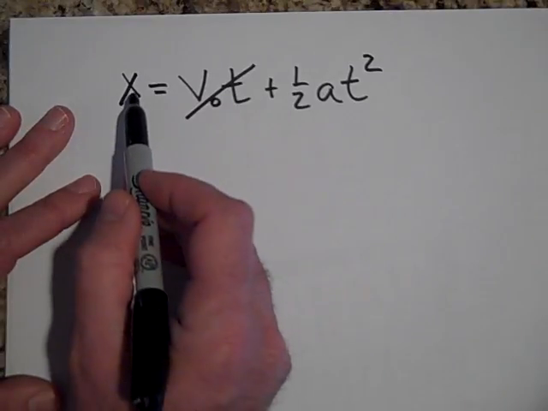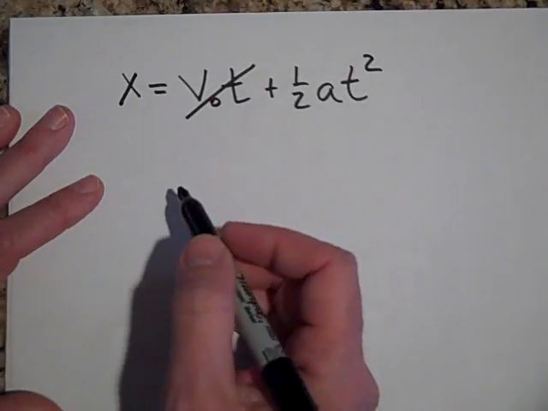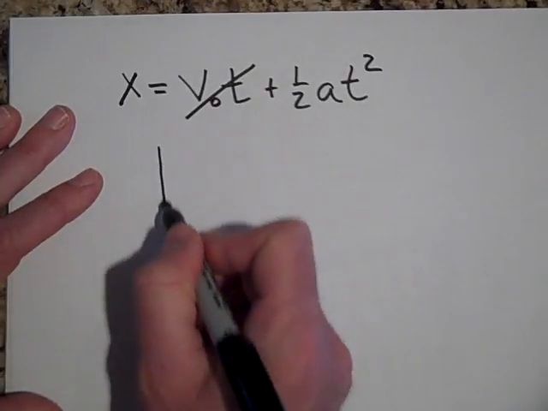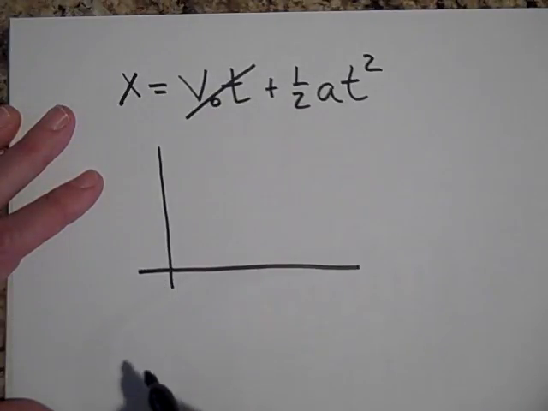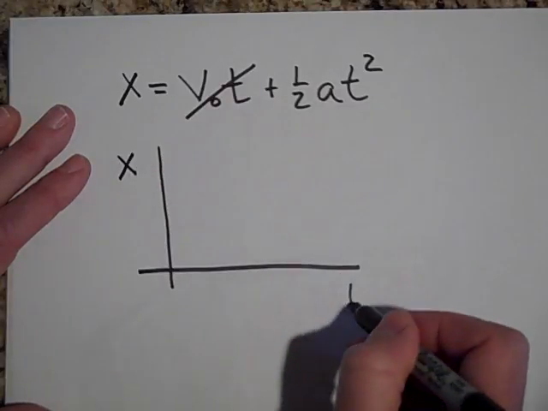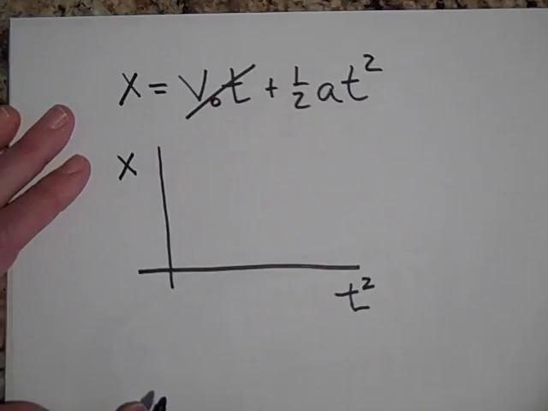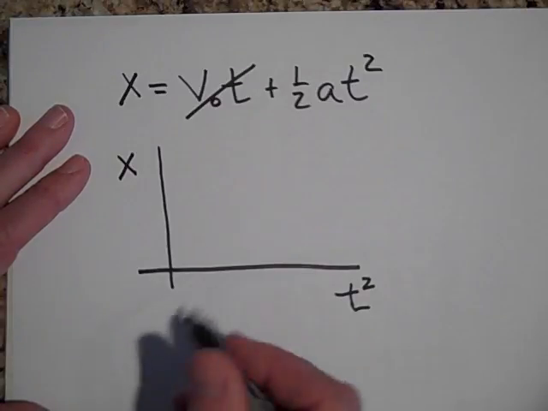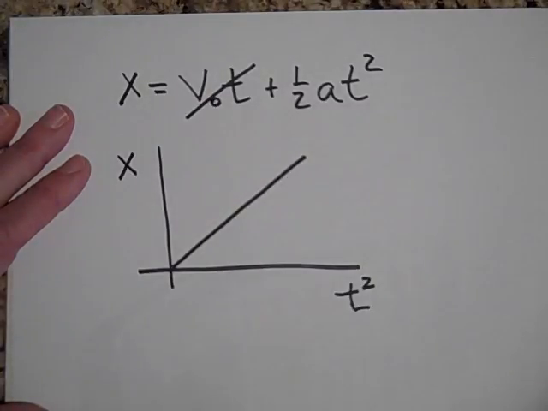They might give you some data for x and for t. And you need to know that if you want to get a straight line graph, this is what they can ask you to do. If you graph x versus t squared, so you square the times that they give you in a column, and you graph that, you're going to get a straight line. It's going to look like that.